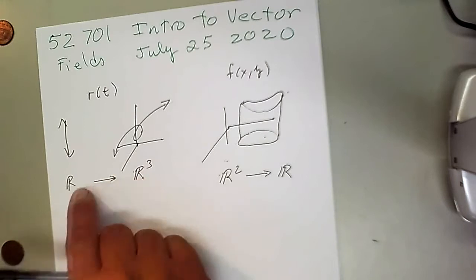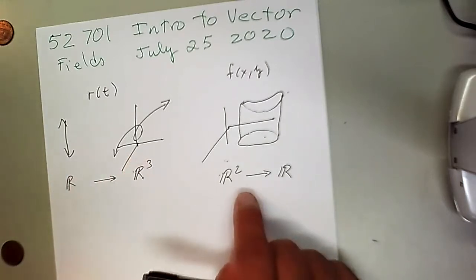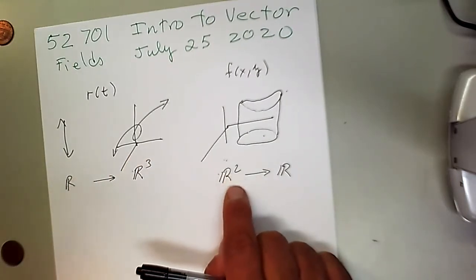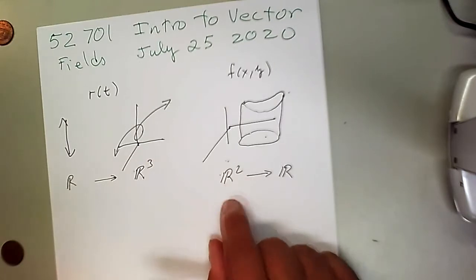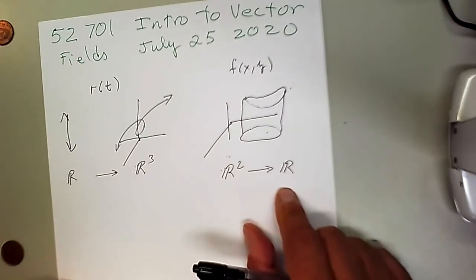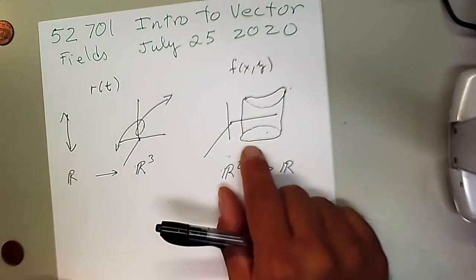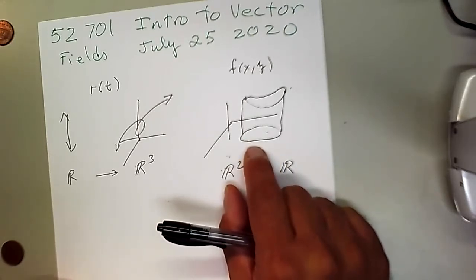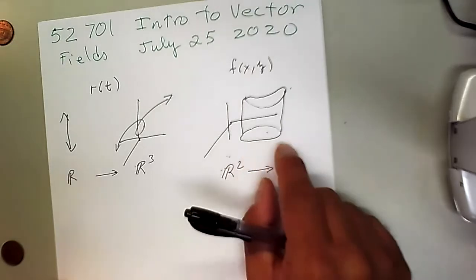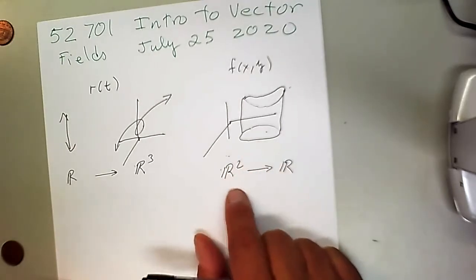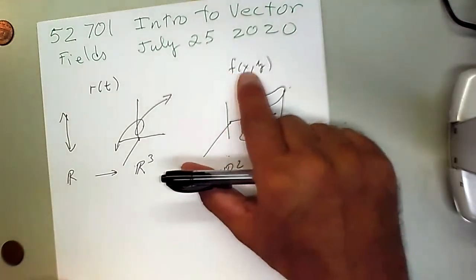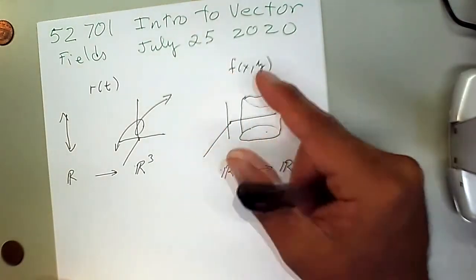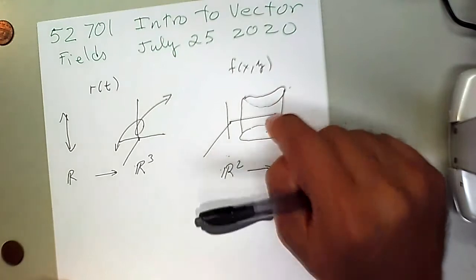We need 2 pictures, 1 for the input, 1 for the output. Here we can do that. Now, sometimes we have R cubed into R. Again, we would not be able to draw that picture because we would need 4 dimensions. So we would have f of x, y, z, and then again, we wouldn't be able to draw that picture.